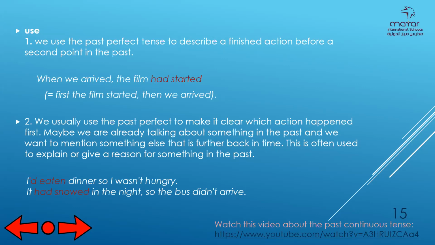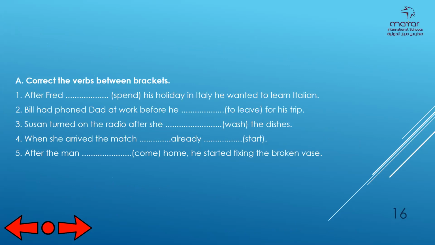Snowing at first, and then the result, the bus didn't arrive. Two actions, one of them before the other, okay? Now we have certain keywords, as you can see here: before, after, by, when, because. These expressions can help you know that you're talking about the past perfect, okay?